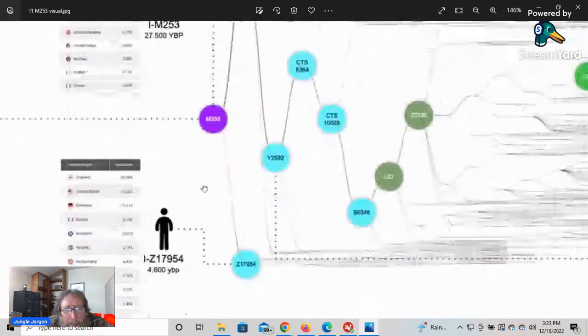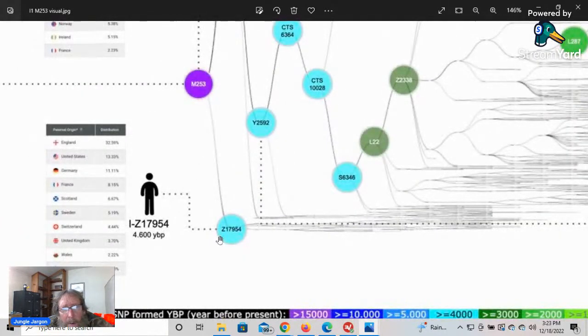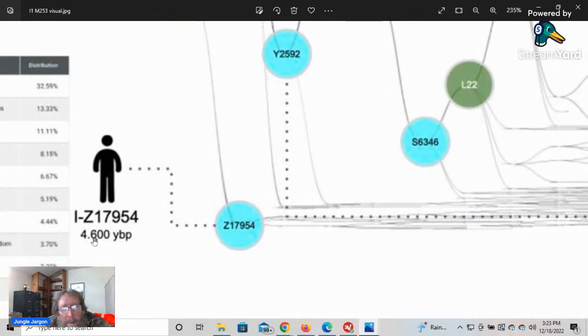I'm another group here, the Z17954, which is from the Alps, I guess the northern Alps. So that's where I'm from, which probably made their way down the Rhine River.